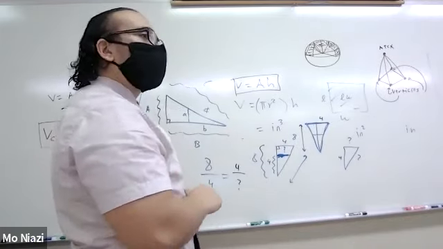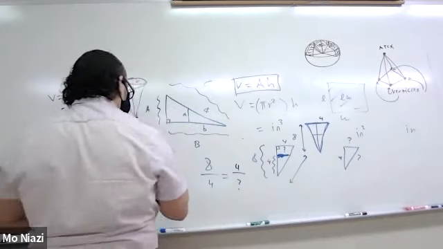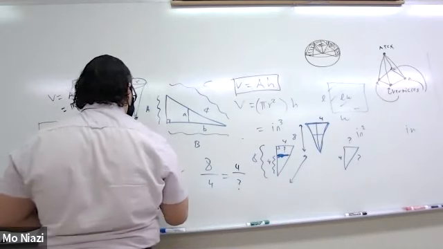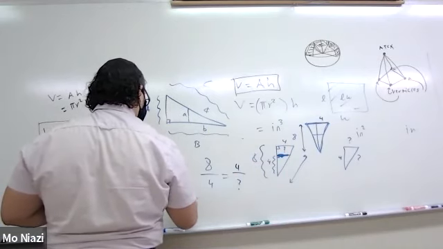You can solve for that unknown. Yeah, cross multiply. So 8 times question mark is equal to 16. So question mark is equal to 16 over 8.